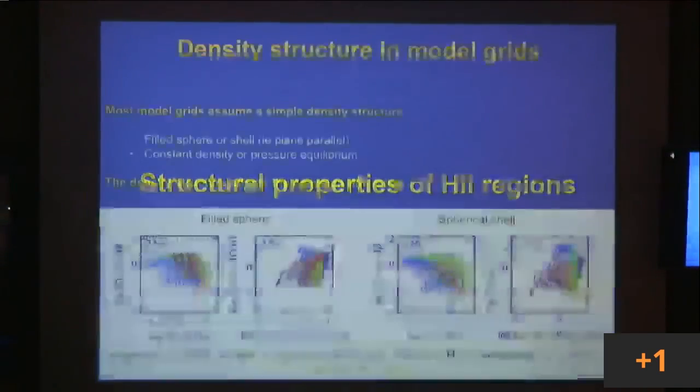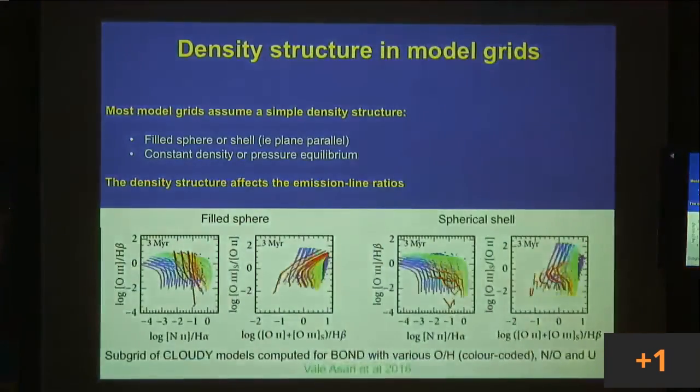Structural properties of H2 regions. So you have to remember Will's talk this morning, who showed that the structure of H2 regions is far from a filled sphere or a shell. But as I told you before, the structure affects the emission line ratios.